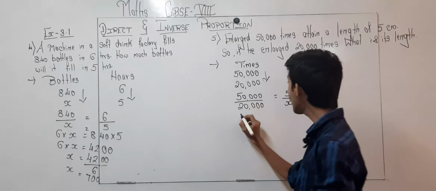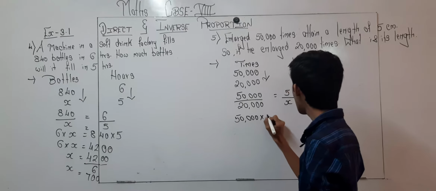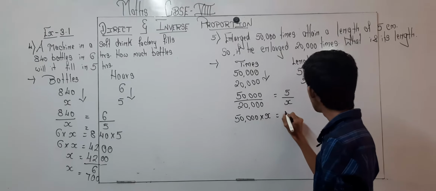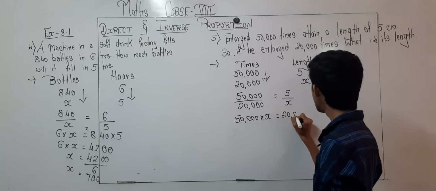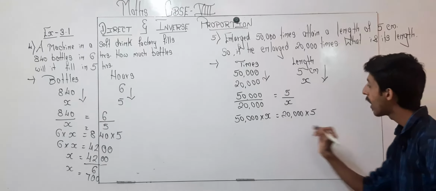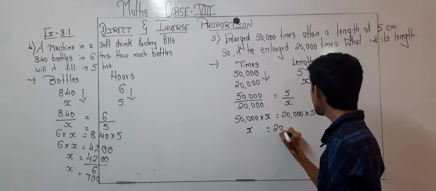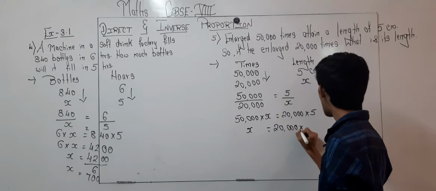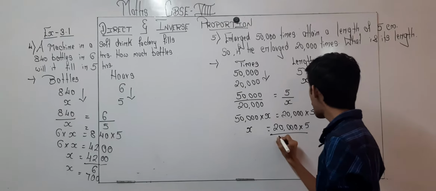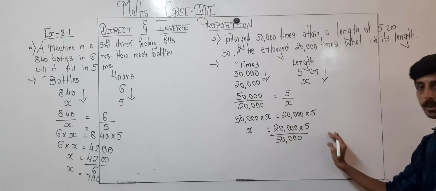Now over here 50,000 multiplied by x will be equal to 20,000 multiplied by 5. Now I will put x over here the same way: 20,000 multiplied by 5 upon 50,000. Don't do the calculation over here.